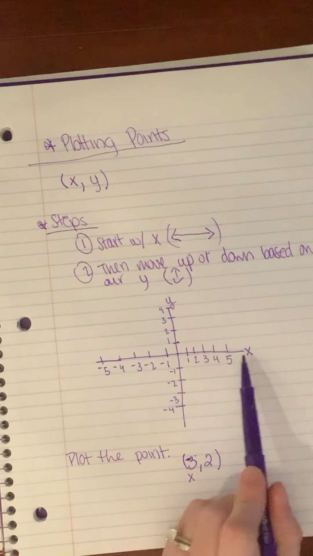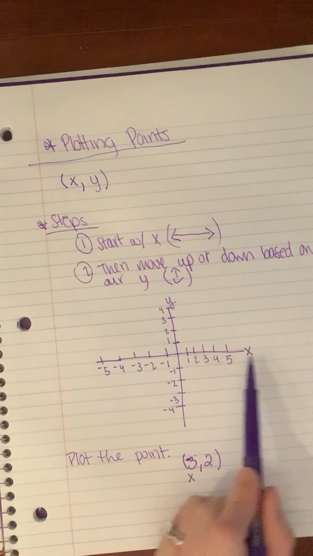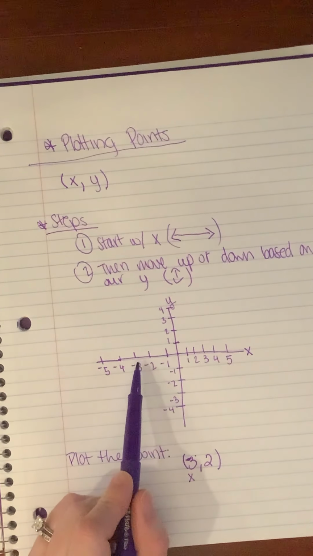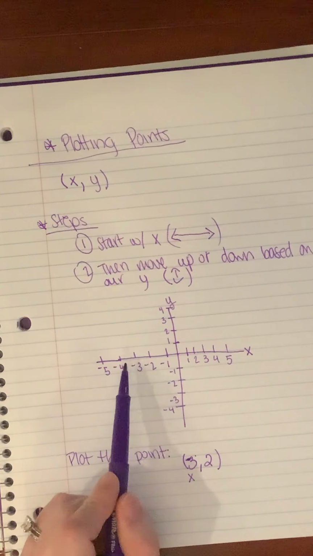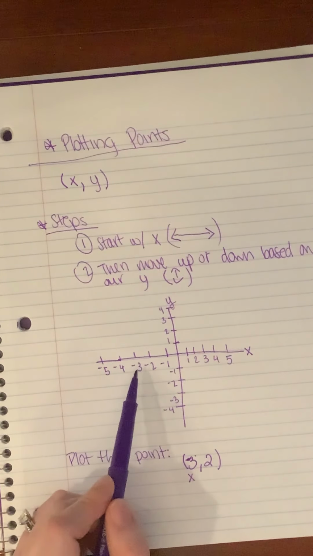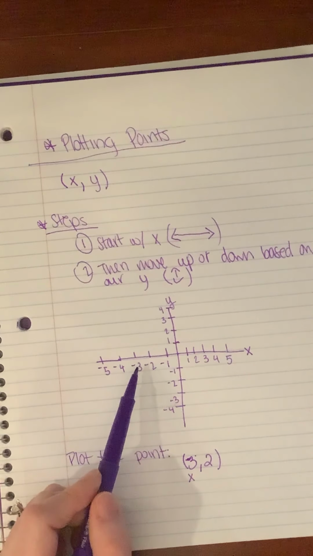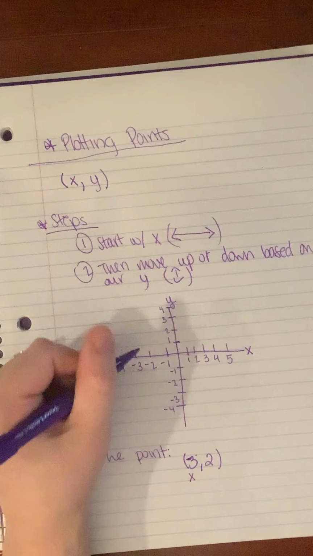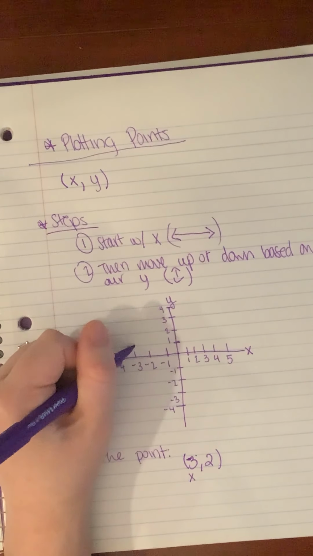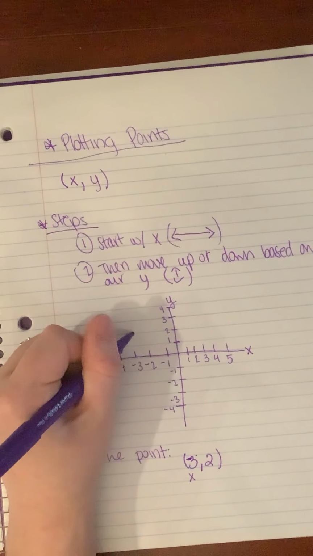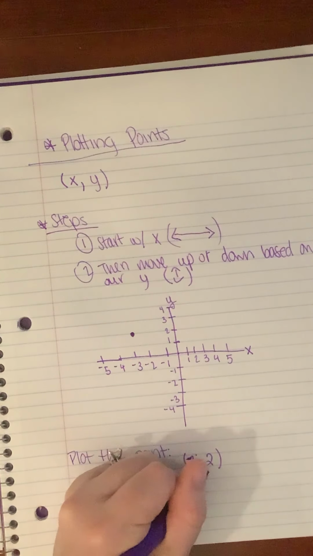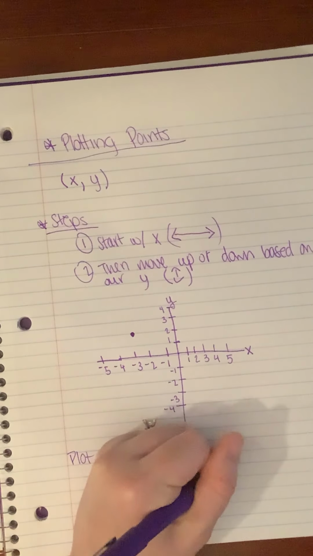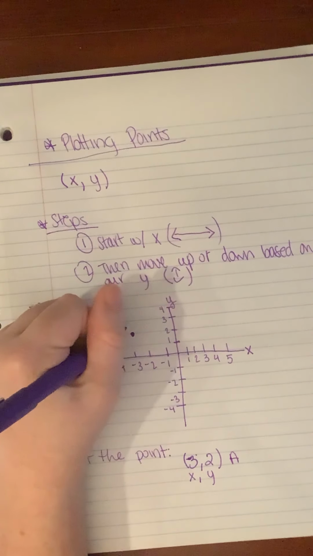So I'm going to start on my x-axis and find -3. Do not plot your point yet, because our dot is going to go based on where our second number is as well. So we're at -3. And now we have a +2. So we're going to go up 2. 1, 2. Boom. That is where our point is. We can call this point A. Go ahead and label it A.